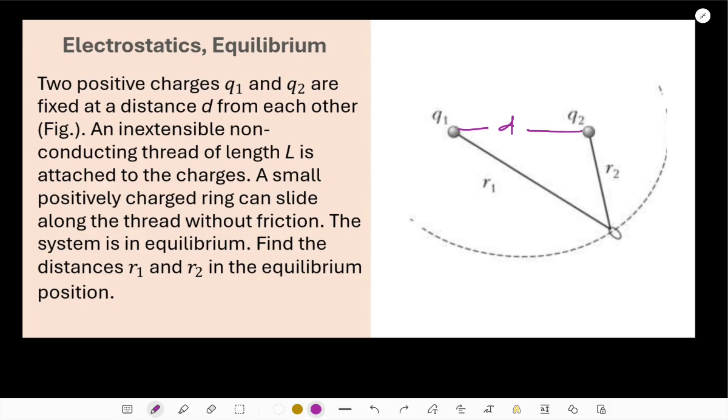And what can be the trajectory of the ring? This is the problem, and I think the curve depicted by the dotted line in this figure is part of an ellipse with foci at the position of charges Q1 and Q2.